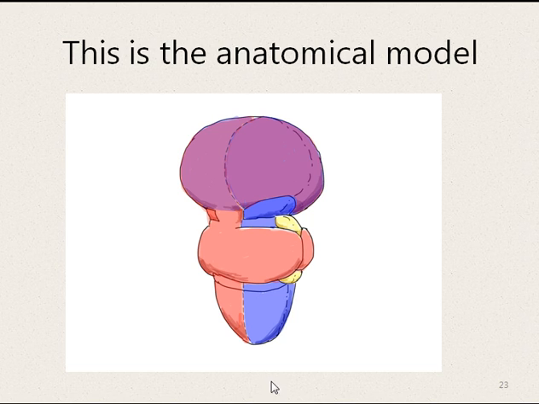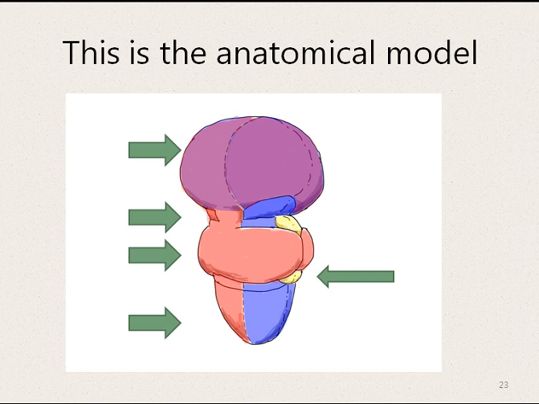We can see spinal cord, brainstem, diencephalon, and telencephalon along the long axis, and 3 parts of cerebellum, including archaeocerebellum and paleocerebellum, colored in yellow, and neocerebellum, colored in red.